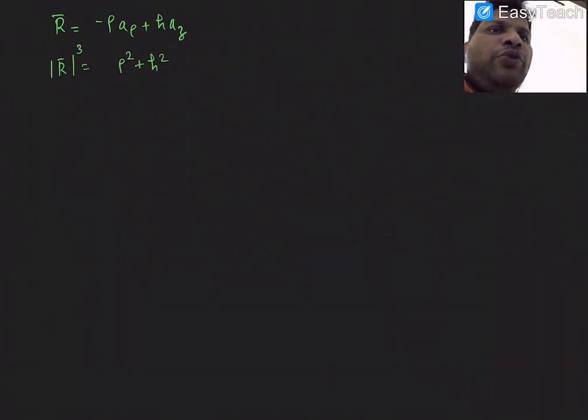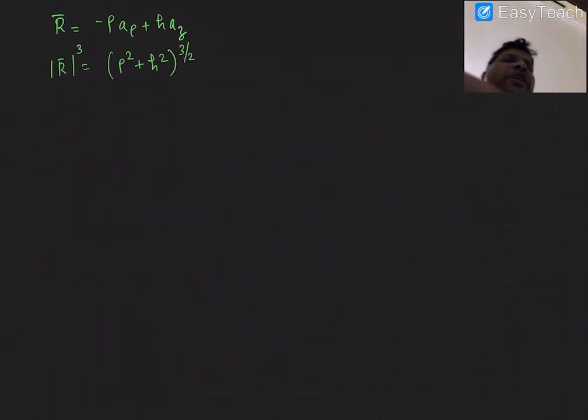If I want to find the cube of it, rho squared plus h squared whole power 3 by 2. Why am I taking the cube? Because it appears in the equation for the electric field.